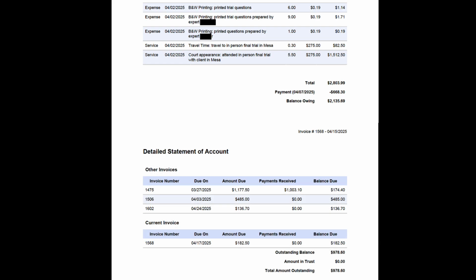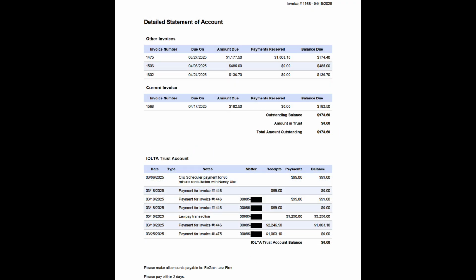If you make a partial payment to this invoice or have any outstanding partial payments owed on any previous invoices, that would be reflected here under detailed statements of accounts. The difference between this section and this section is that this section shows what you are still owing, if anything, on this particular invoice, whereas this section shows what you are still owing, if anything, on all invoices.